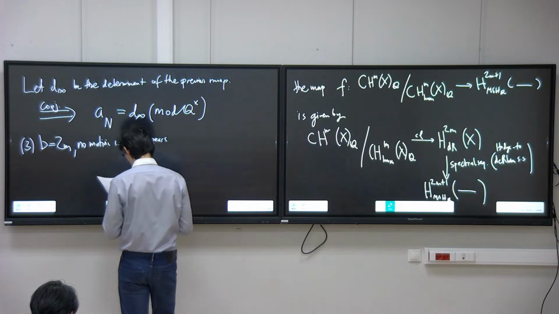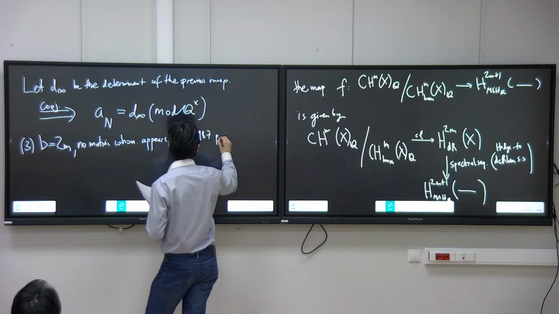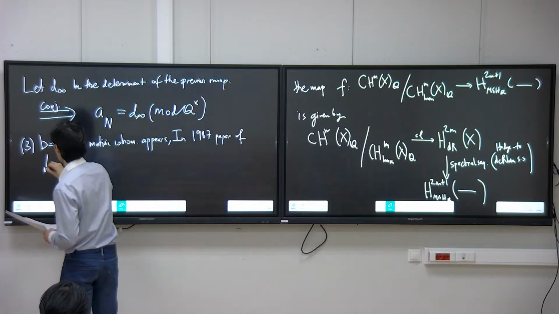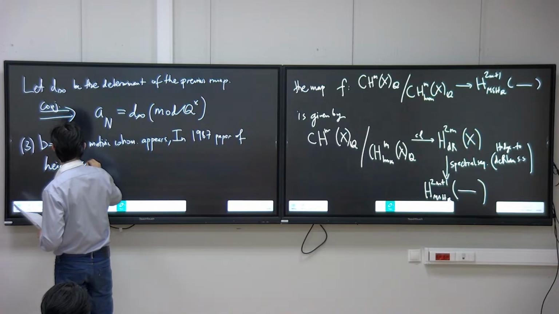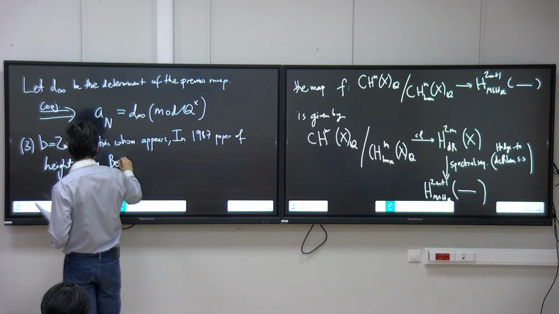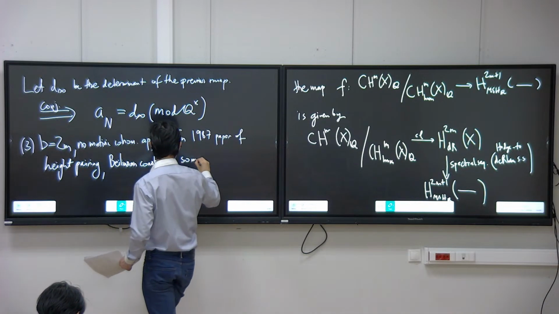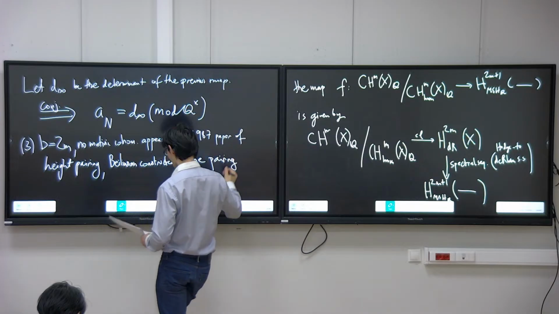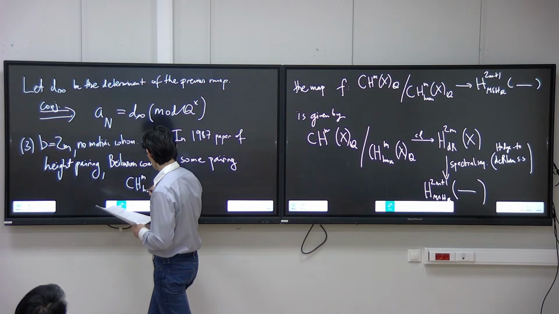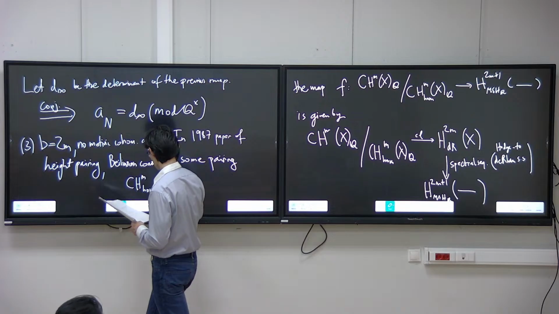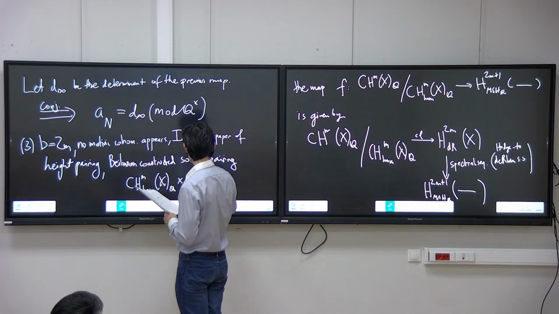What happens is the following. In a 1987 paper on height pairings, Beilinson constructed some pairing from the Chow group of codimension m of X up to homological equivalence with rational coefficients, times the Chow group of codimension d plus 1 minus m.